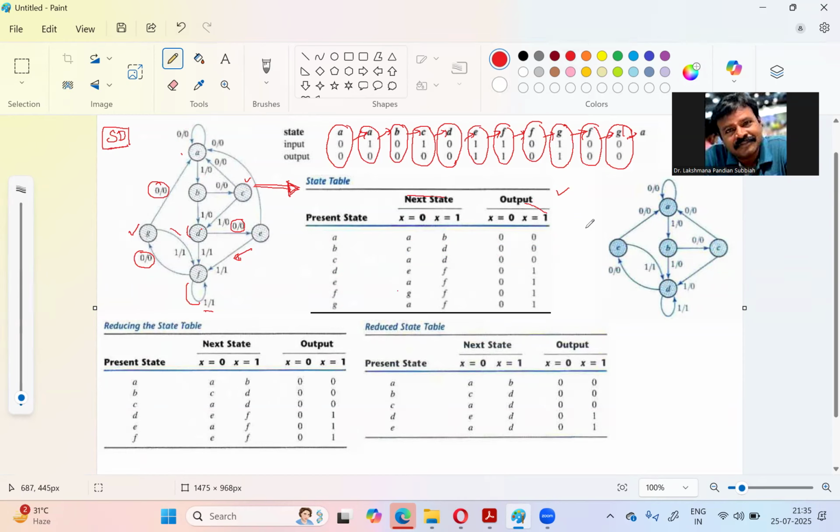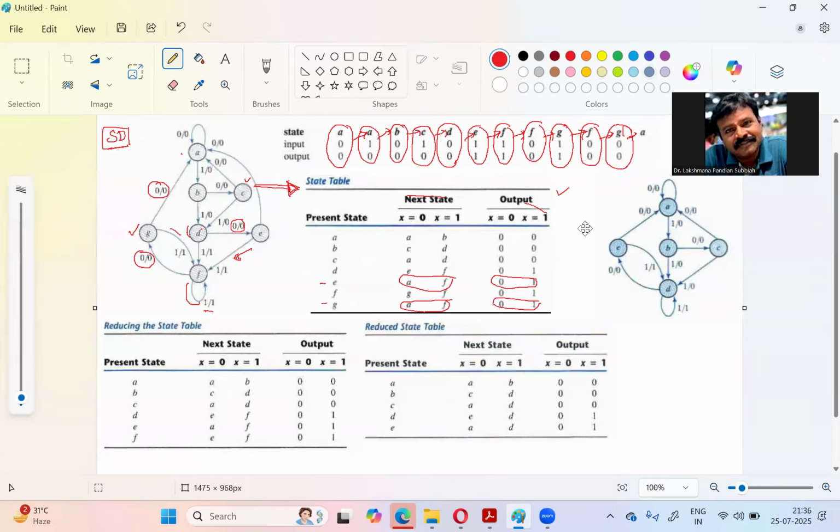Here, A and F, right? So this is AF and this also AF, right? The transition also same. E and G, in that one, you have to remove one state.